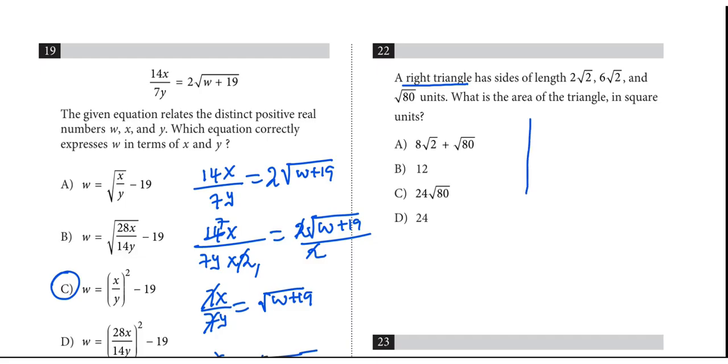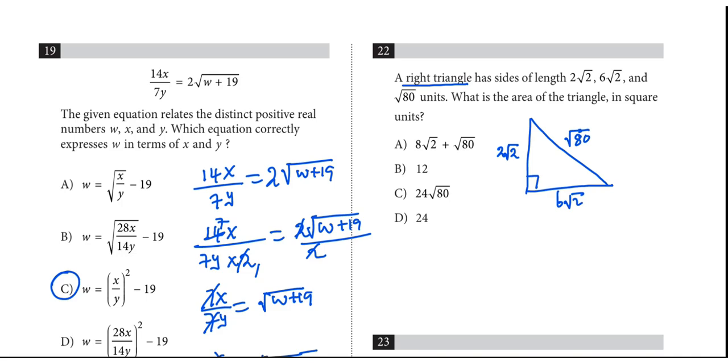So let's assume we have this, and remember the hypotenuse is the longest side, so automatically this is the square root of 80, and this could be 2√2 and 6√2.